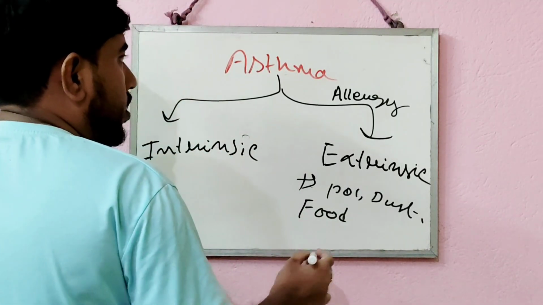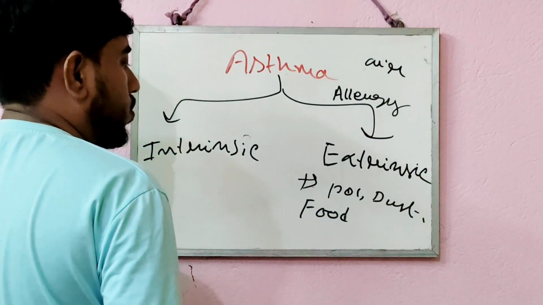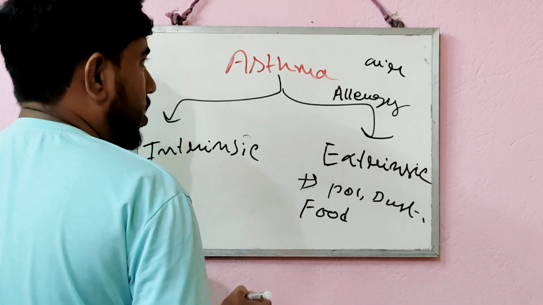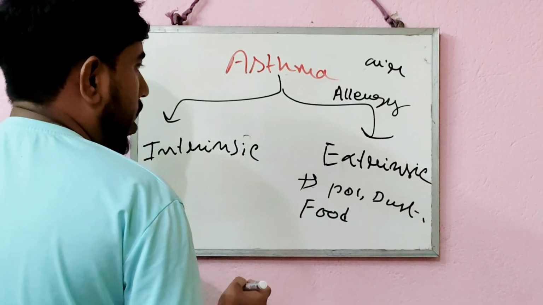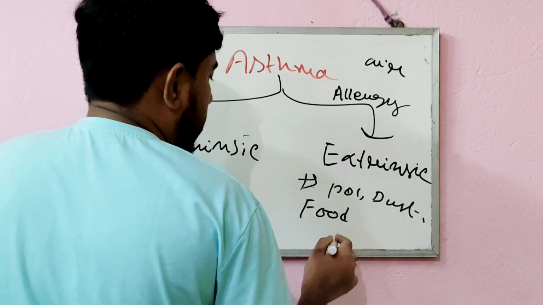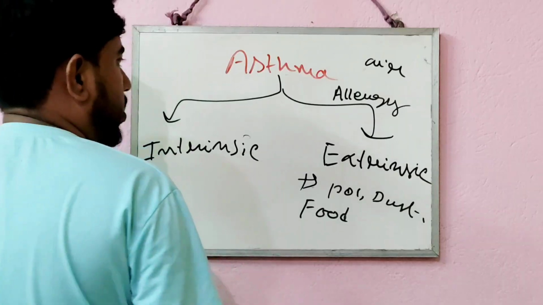The airway starts to constrict due to over-excitation in the respiratory tract, which can lead to an allergic reaction in the bronchial system and causes difficulty in breathing. This is called extrinsic asthma.